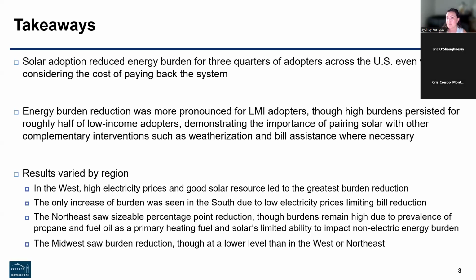However, just because it started at such a high level, that reduction got to a level that was still maybe on the margins of being too high for some households. So in these cases, it's really important to think of rooftop solar as a complementary strategy along with other interventions such as weatherization and bill assistance that have been around for 4 decades essentially.